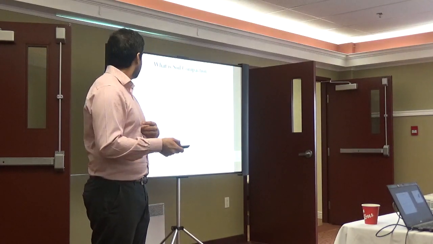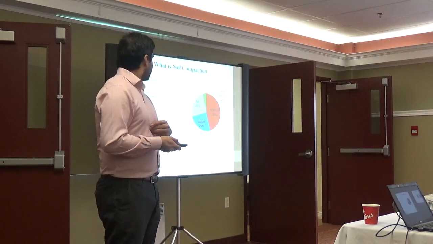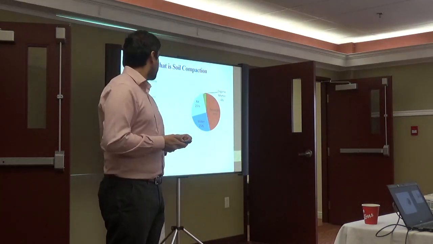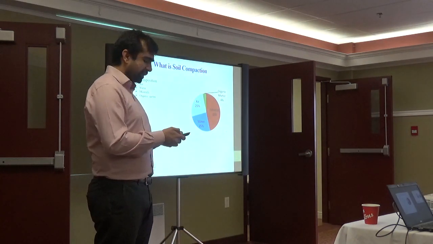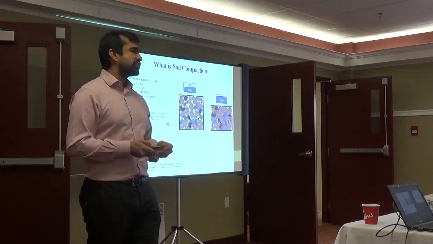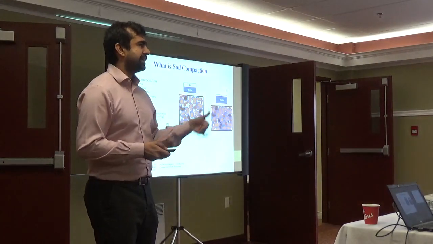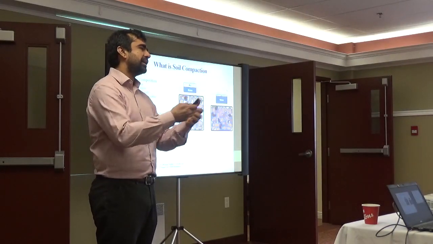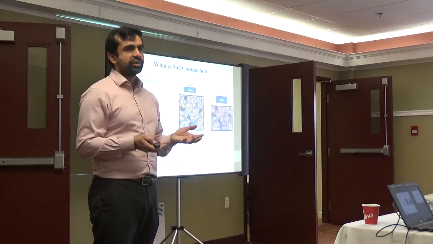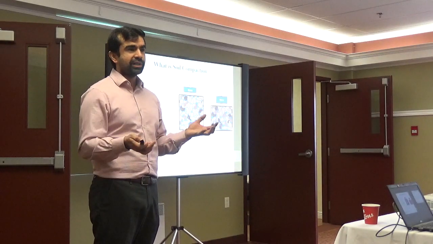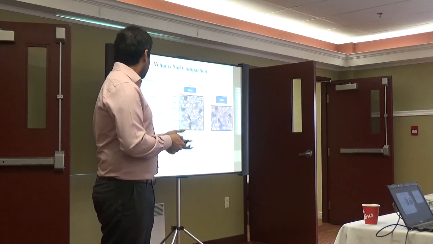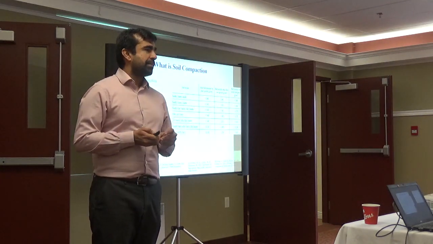Just to give a very brief overview, I know all of you know the composition of the soil. When compaction happens, the air particles are replaced and make their way out and the soil particles get compacted, and the void ratio, which is the ratio of the air and the water in the soil, changes and causes the compaction. Bulk density, as I mentioned, is an important factor.